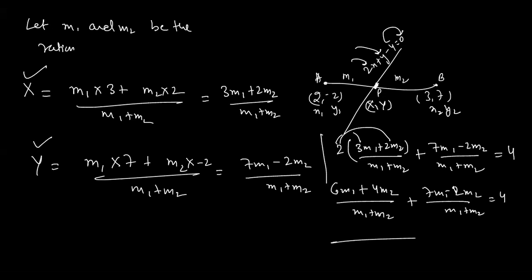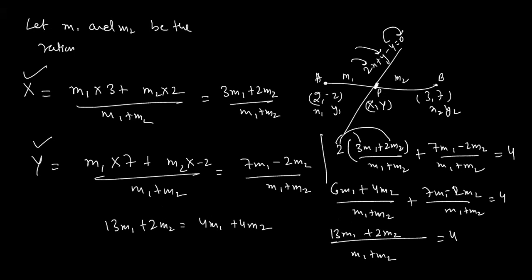Now taking m1 plus m2 as an LCM, you can write here 6m1 and 7m1 will give you 13m1, and 4 minus 2 you will get here plus 2m2, and that will be equal to 4. Now this goes to that side, it gives you 13m1 plus 2m2 is equal to 4m1 plus 4m2.